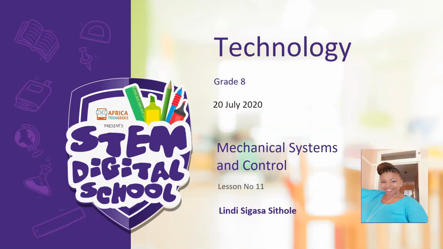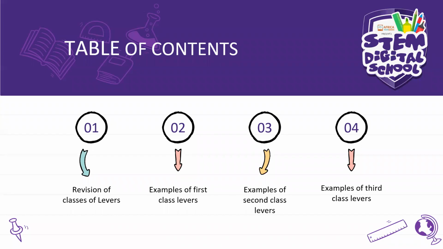This is what you'll be doing. Revision of levers, classes of levers, examples of first-class levers, examples of second-class levers, examples of third-class levers, and then we'll look at that from grade 7, and then we'll try to elevate the level to grade 8.